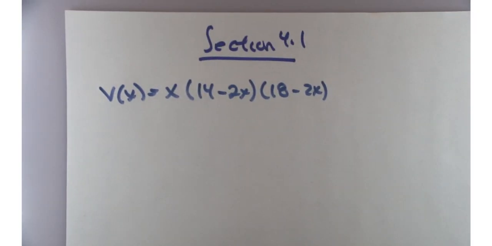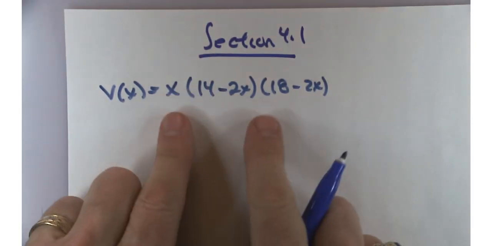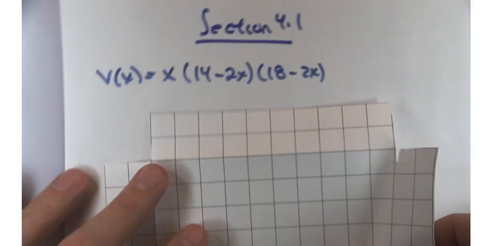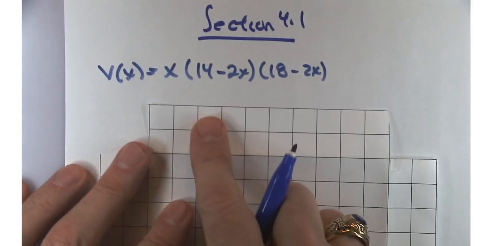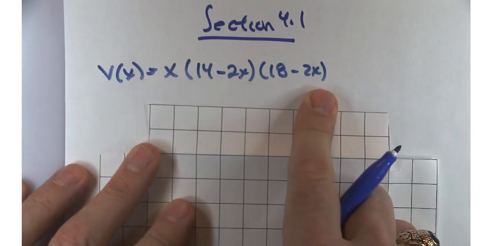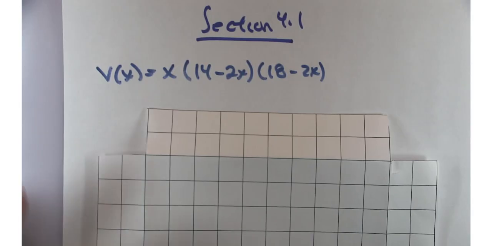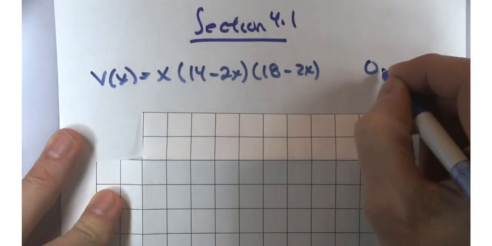Now one of the things that we want to pay attention to when we're creating this box and looking at the possible values of x is the domain. So as far as the domain is concerned, this is a polynomial. You could argue that the domain is everything, but for practical purposes the domain is going to start at 0.